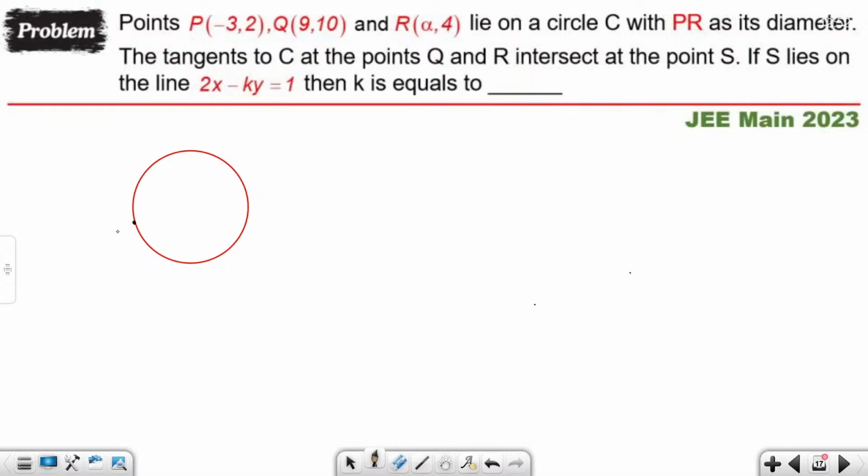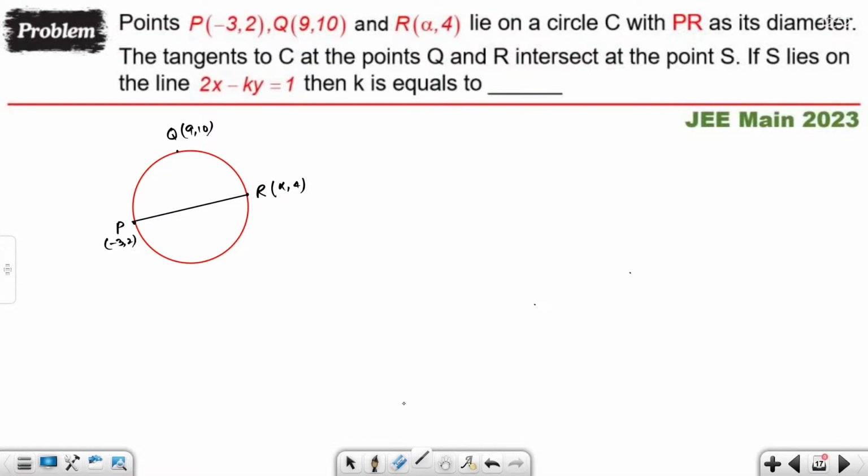So let me write this point is my P. This is R, which is alpha comma 4, and this is Q, which is 9 comma 10, right? Now PR is the diameter. This is the diameter.